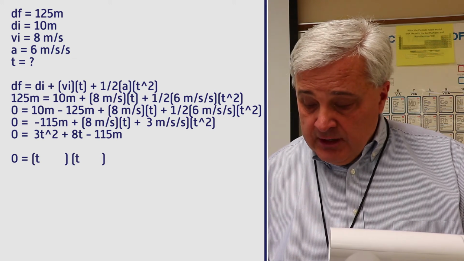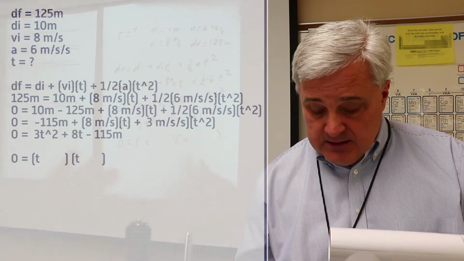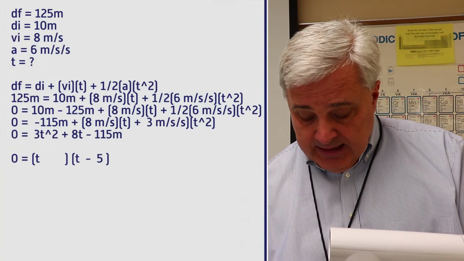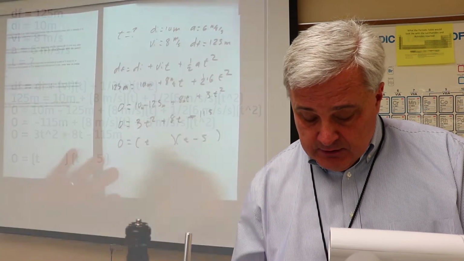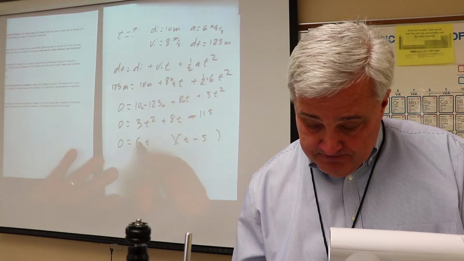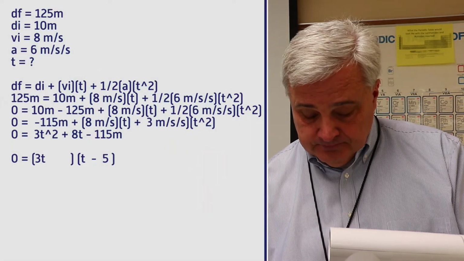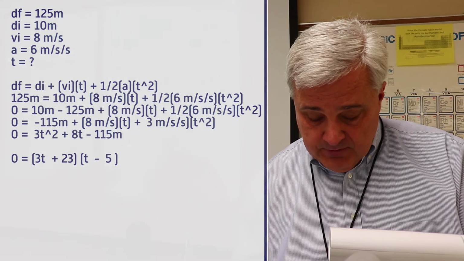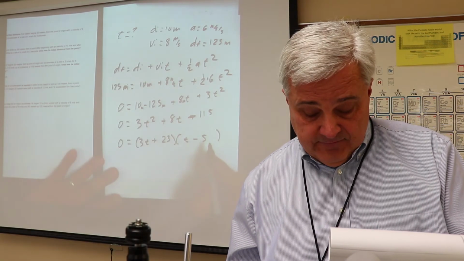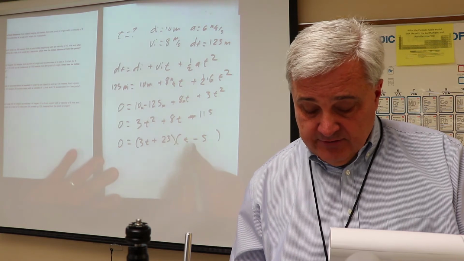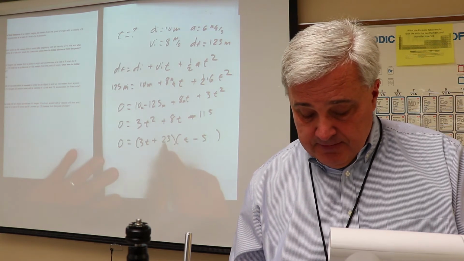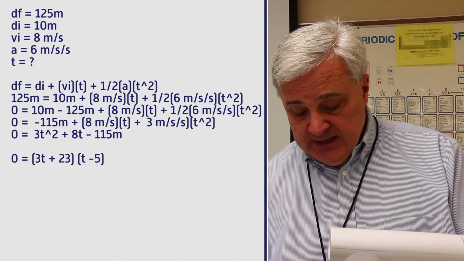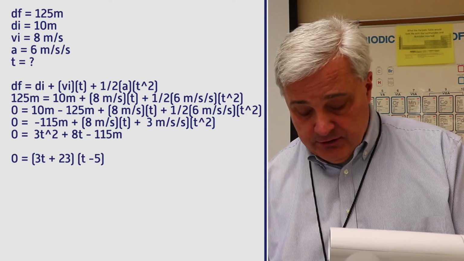So I am going to need the 5 to be negative, and then I put the 3 in here, and that's going to put the 23 here. So that foils out to give us 8 in the middle, because that would be negative 15t and positive 23t.